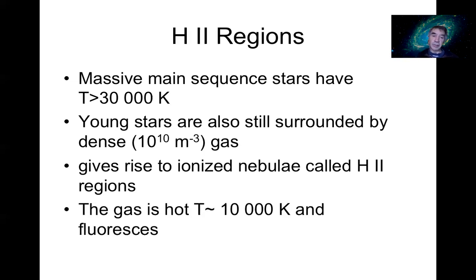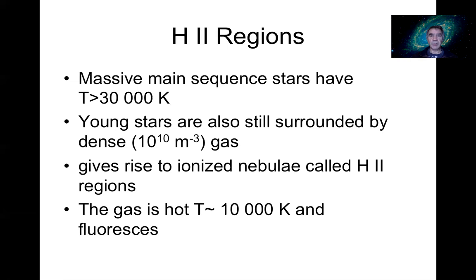And not only does the radiation from these stars ionize the hydrogen, it also heats it up. A lot of the photons that ionize the hydrogen, that remove the electron from the ground state and take it away from the atom altogether, will have excess energy.